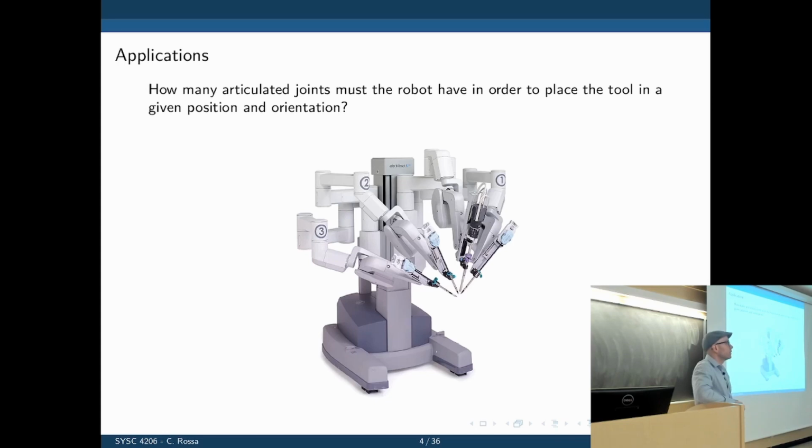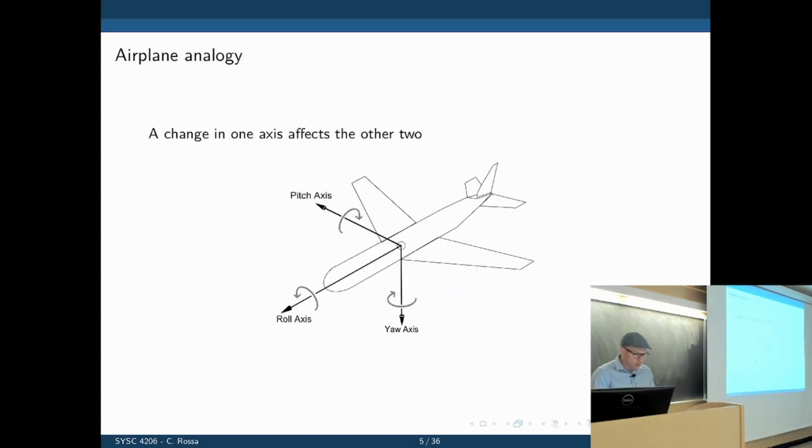What is the advantage of that? It is to achieve the same position from different orientations and different entry points in the tissue, with different configurations of the arm. That's one of the reasons it has more degrees of freedom than you would need to position and orient itself.